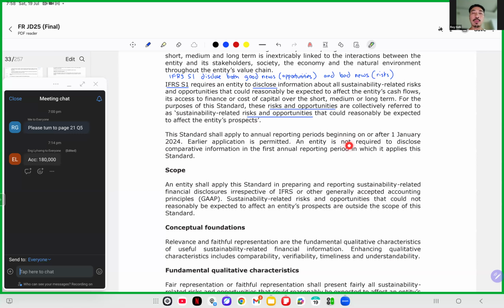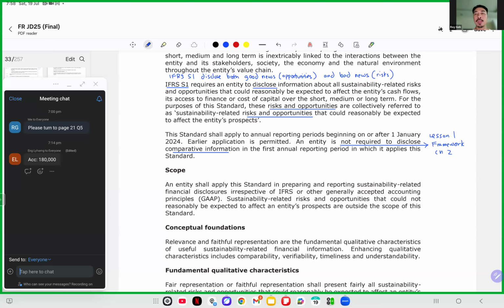Notice you don't need to report comparative. Comparative are not necessary. So what did we learn? Lesson 1. You learn that it is good to have comparative. What did I say? I say, see my lesson 1 framework, chapter number 2.